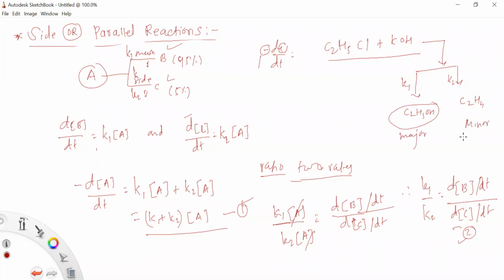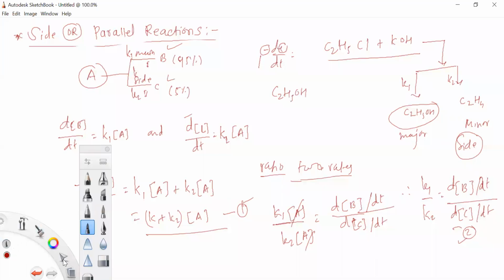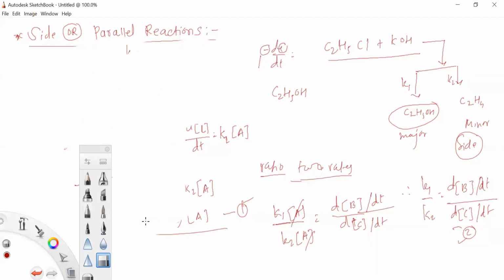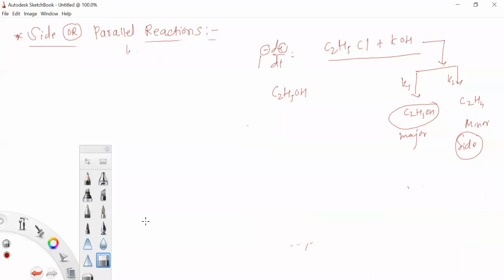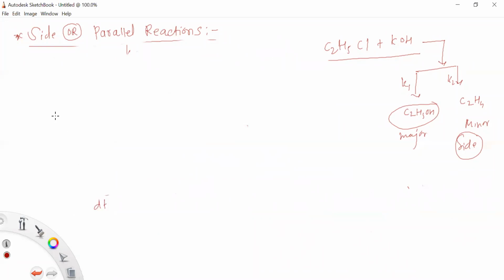So if it is the minor product, it is a side reaction or parallel reaction. So in this way, it is the formation of the alcohol molecules. So this alcohol molecule forms three different products, right?